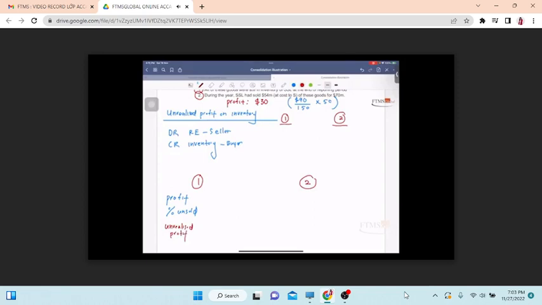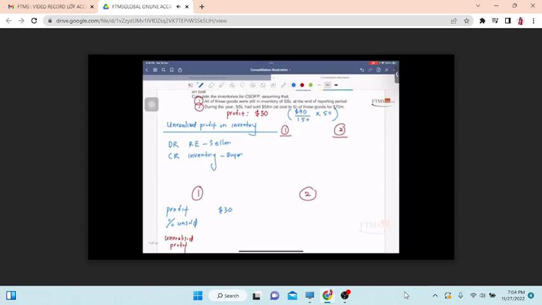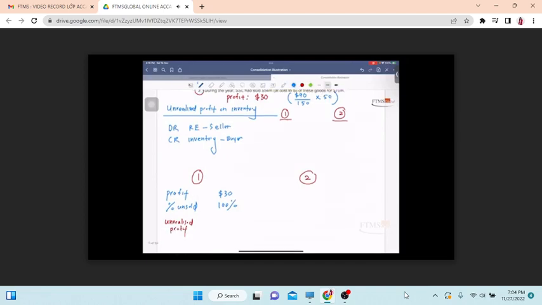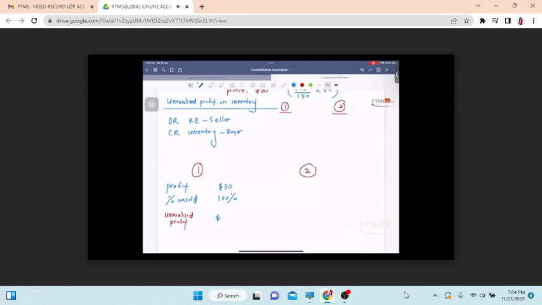Okay, so profit is already calculated, 30. Percentage unsold, they mention all the goods, so all the goods means 100%. So 100% means 30. Therefore, for the first scenario, your retained earnings will be 30 here.